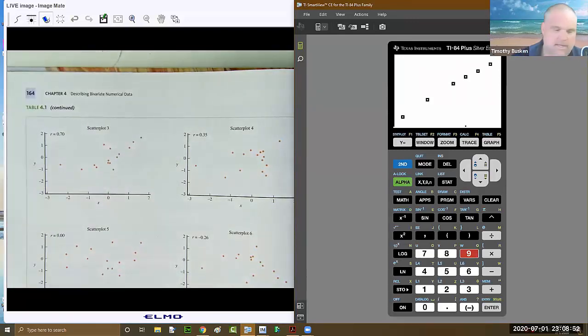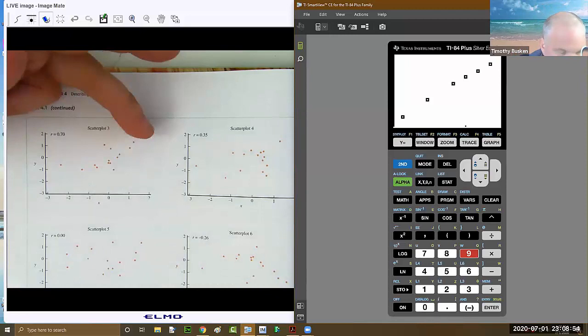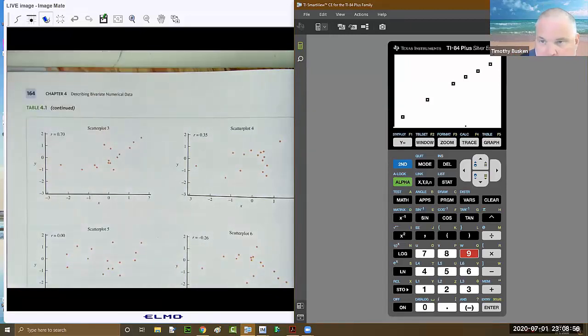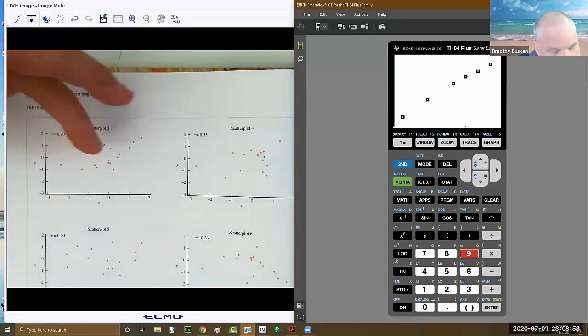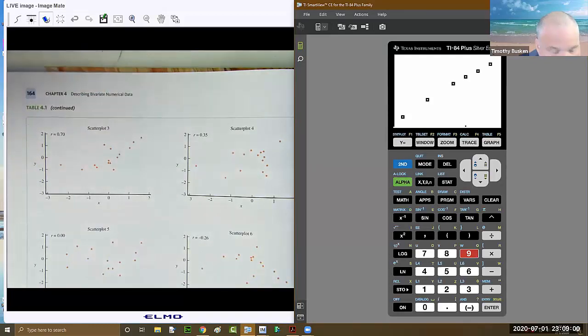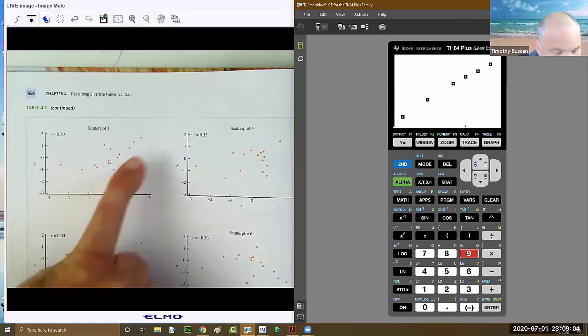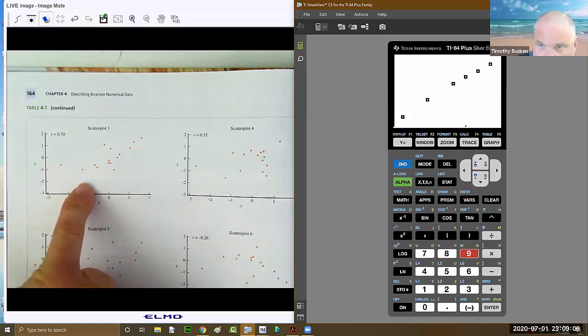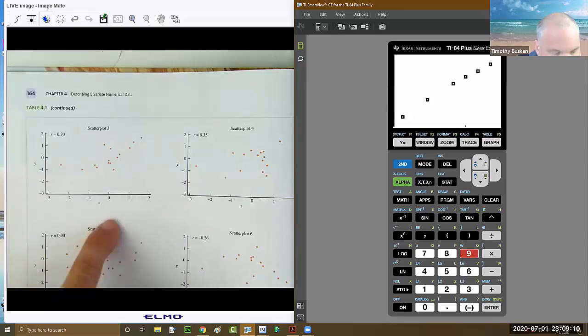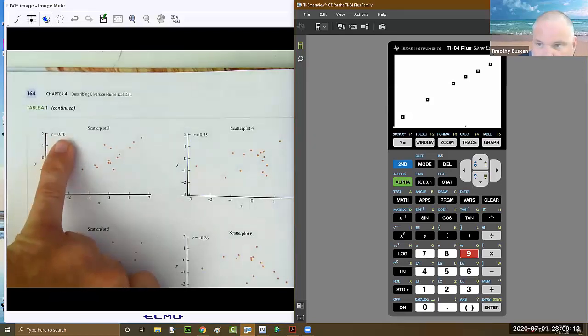It doesn't matter where you put that line, you're going to see a lot of points deviating away from that line. And so the strength of the linear relationship between X and Y here isn't as strong as it was in the previous two scatter plots. And you can see that the value of R is also decreasing.